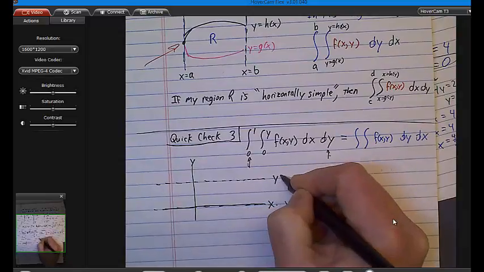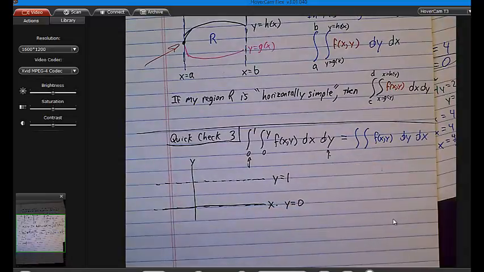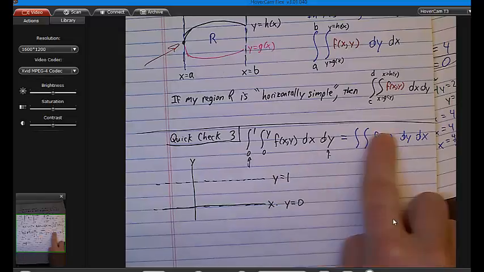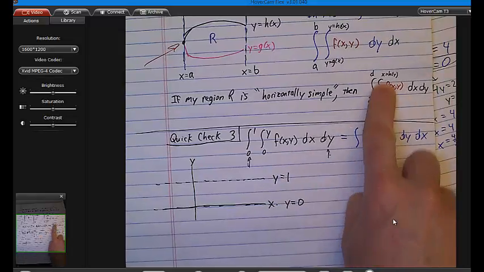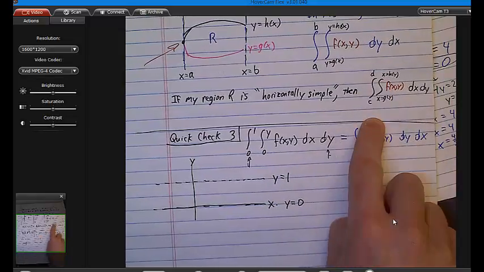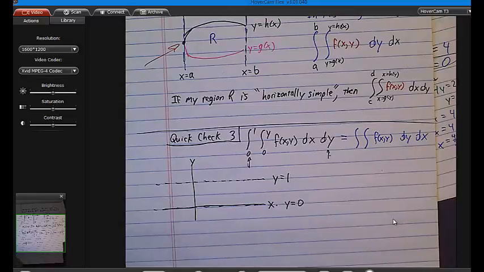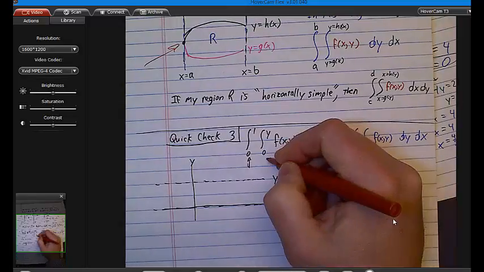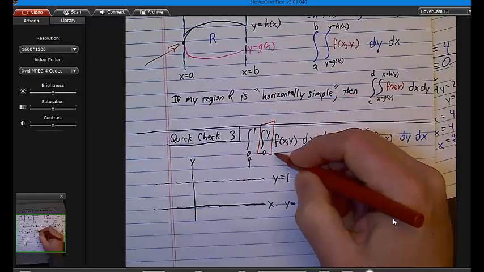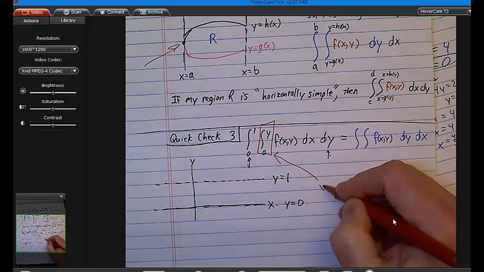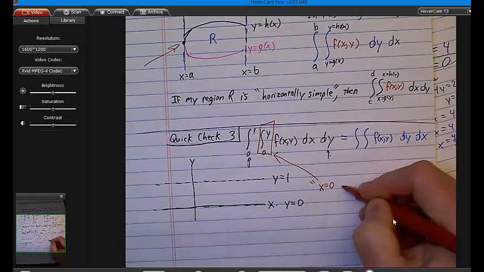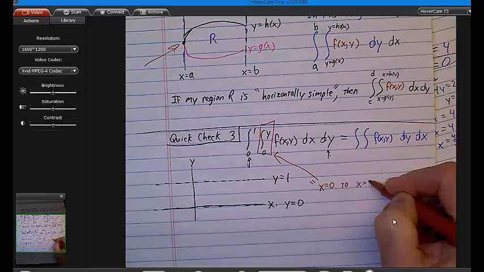Y equals 1. And that means that what I'm talking about here, again, is x as a function of y. So the other part of this, as I look at this piece of it, I'm thinking about x equals 0 to x equals y.